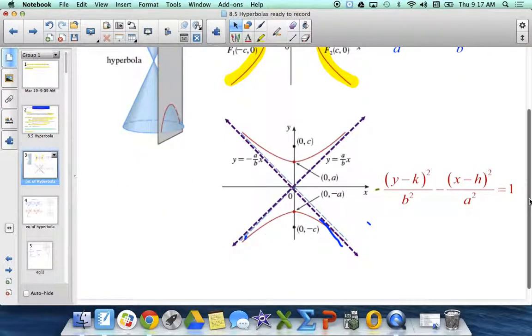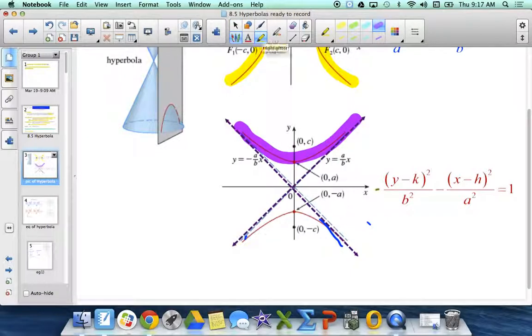This particular curve, you see where its transverse axis is the y-axis.